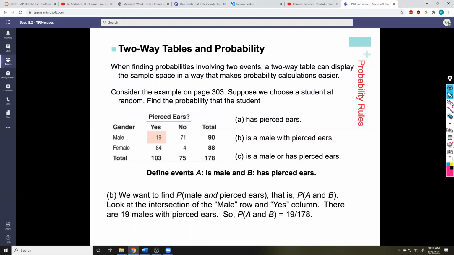So in other words, the probability of A and B, which remember we wrote as A intersect with B. Probability of A and B. So we look at the people who are both male and have pierced ears. That is our 19 out of 178.